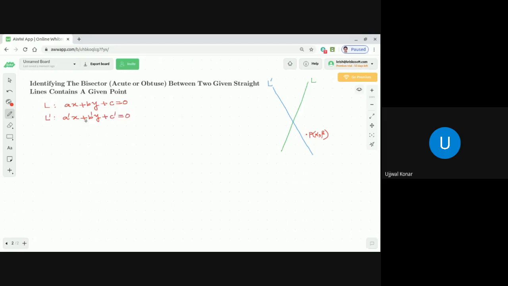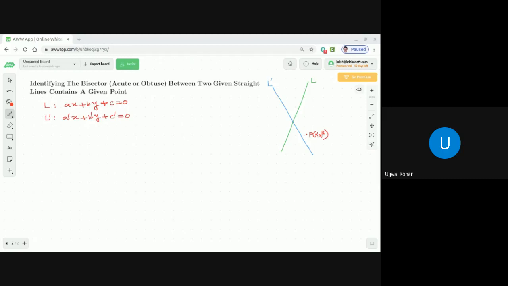These are the two equations given, correct? Now what we are going to do, dear students, is find the value of two expressions.